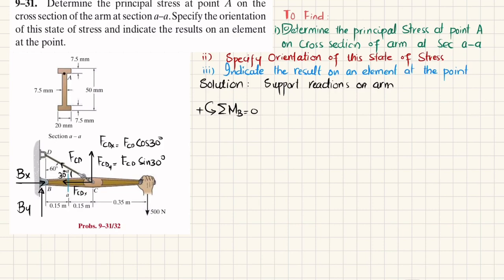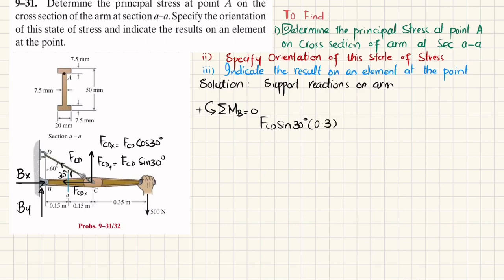You can see this FCDx is passing through this point, so it is not producing moment. So the only force producing moment is FCDy, and the perpendicular distance is 0.3, and this is producing counterclockwise moment, so it will be positive. So I will write FCD times sine of 30 degrees multiplied by the perpendicular distance 0.3.